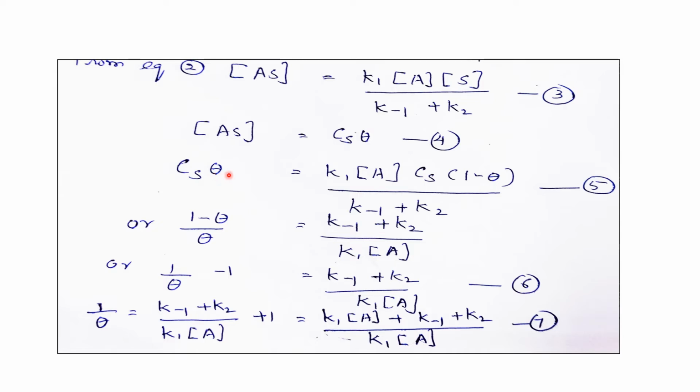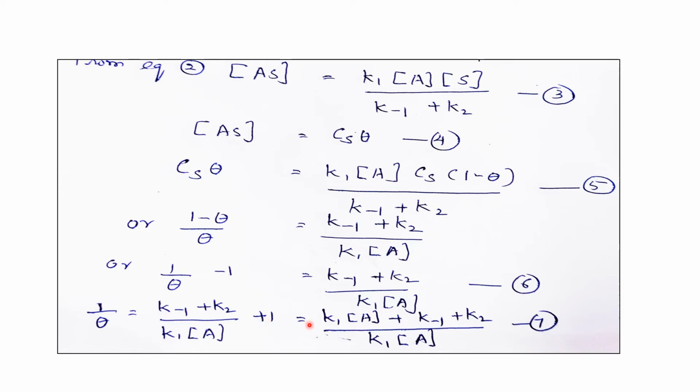And Cs into theta can be represented as Cs theta is equal to K1 into A into Cs into 1 minus theta divided by K inverse 1 plus K2, or 1 minus theta by theta equal to K inverse 1 plus K2 divided by K1 into A, or 1 by theta minus 1 is equal to K inverse 1 plus K2 divided by K1 into A, or 1 by theta is equal to K inverse 1 plus K2 divided by K1 into A plus 1.